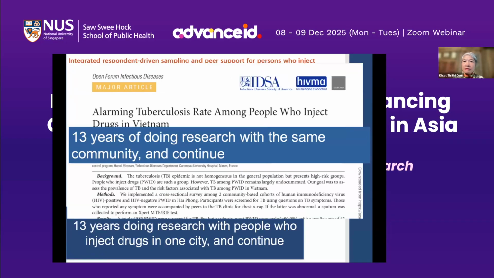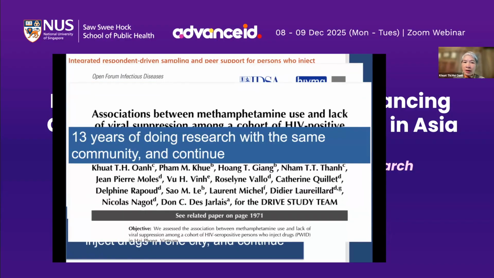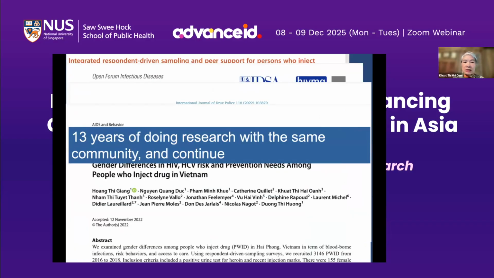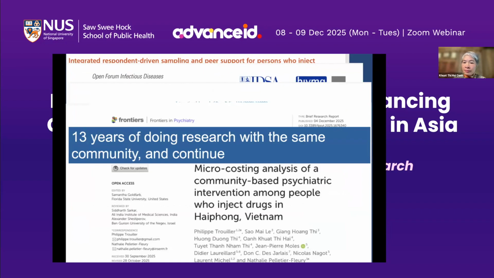We also got funding to do other research with the same population. It evolved over time to TB, methamphetamine, COVID, hepatitis C, gender, mental health, etc. So it started with an idea, with a proposal for doing research over 5 years, and now 13 years later, we are still working with them.